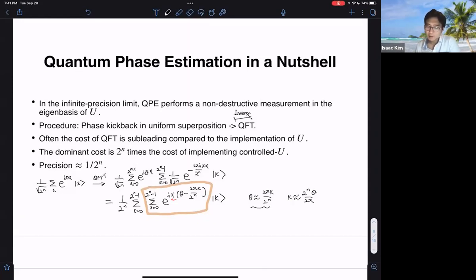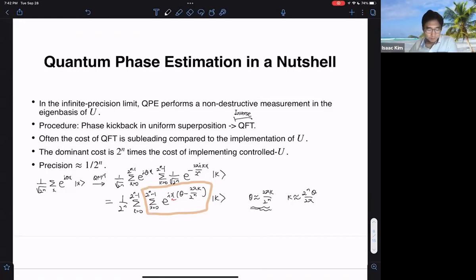You use a quantum phase kickback technique to make a momentum eigenstate, so to speak, and then you apply the inverse quantum Fourier transform, and the component that you're likely to observe with the highest probability is very close to this approximation of theta with some fixed proportionality factor, which is 2 pi divided by 2 to the n.